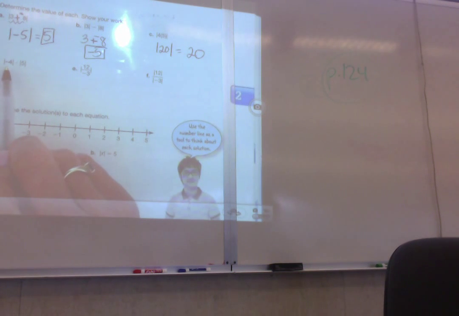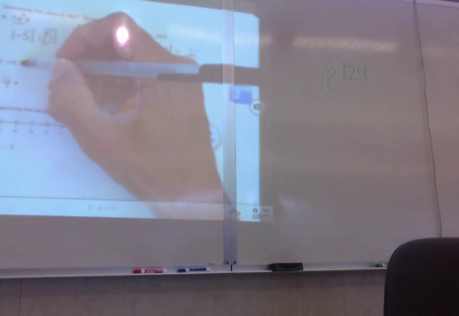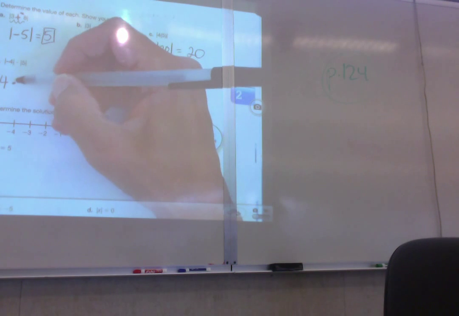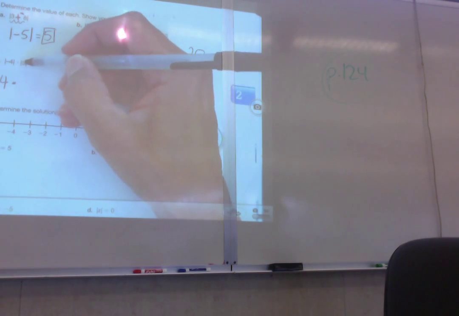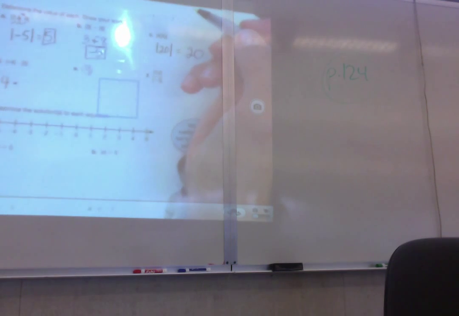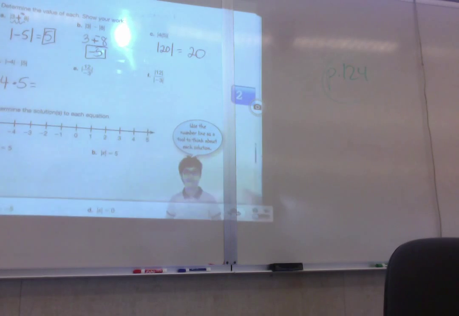Chris B, what's the absolute value of negative 4? 4. Times. Again, the times was outside, so I'm going to do it after I simplify this. Isabel, what's the absolute value of 5? 5. Wyatt, 4 times 5 is? Thank you.